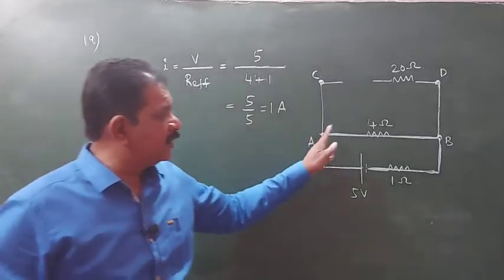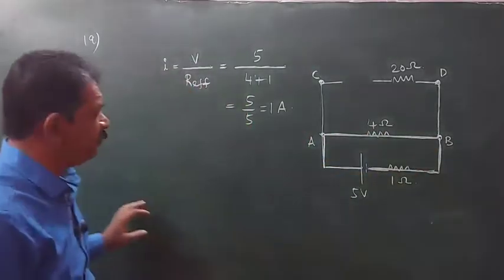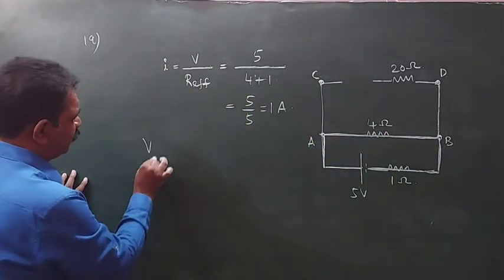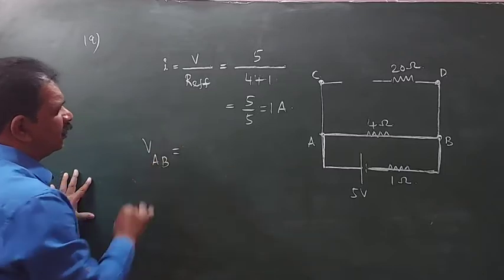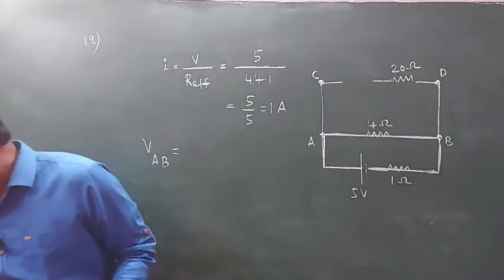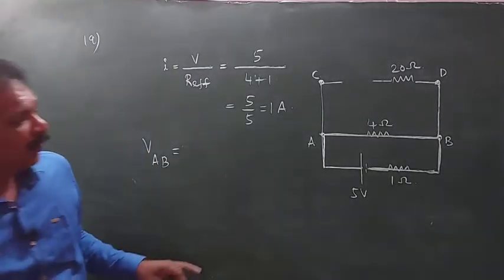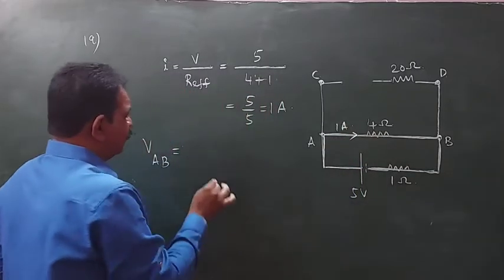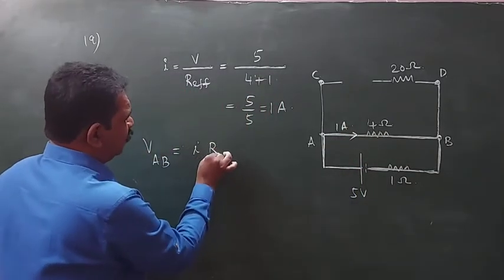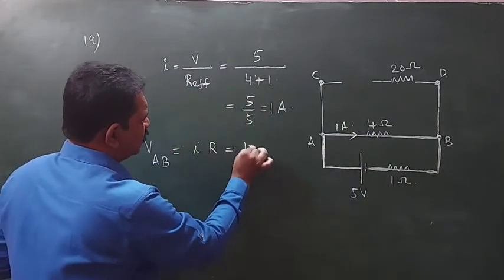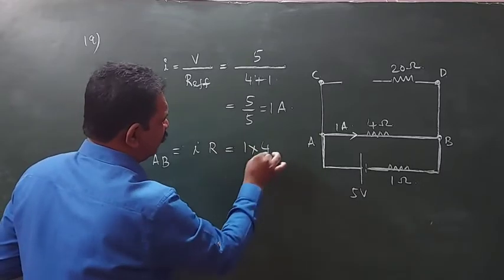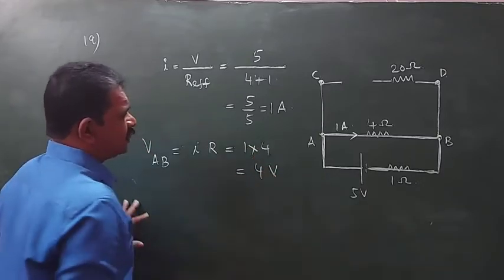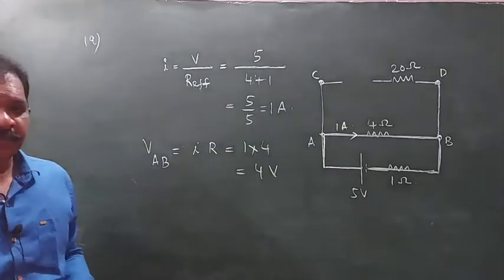Then what is the PD across AB? PD across the second resistor means, what is the current flowing through this, 1 ampere? So I into R, this is 1 into 4, this will be 4 volt.